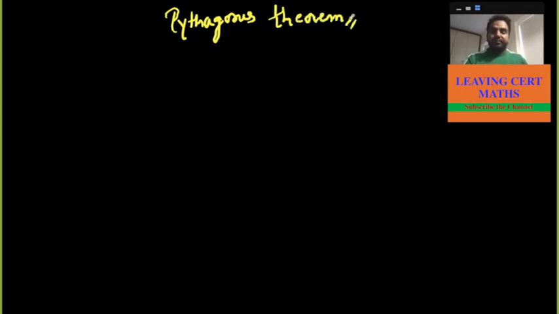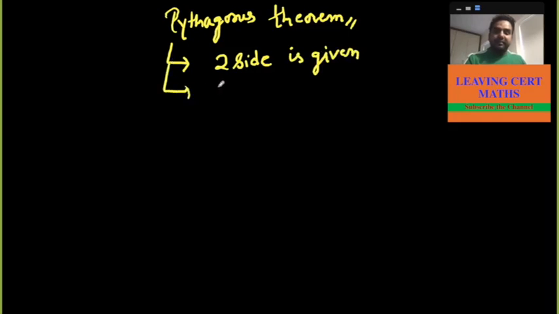What is the meaning of Pythagoras theorem? Pythagoras theorem is used when two sides are given in a right angle triangle, and you have to find one side.